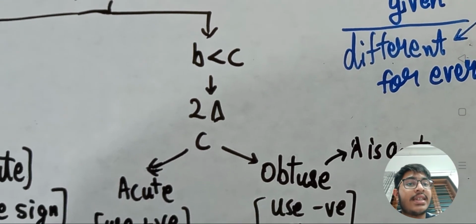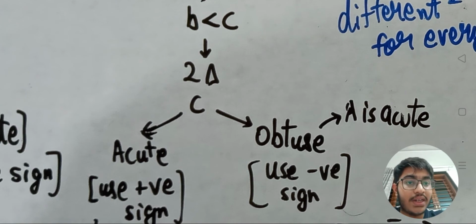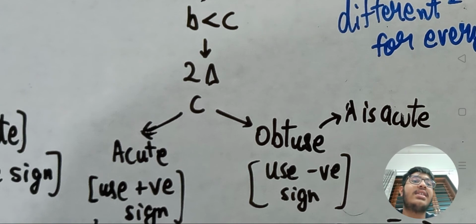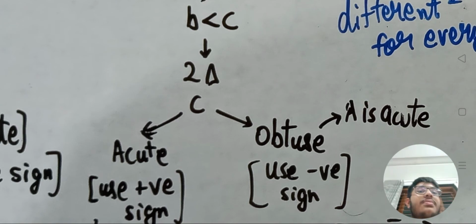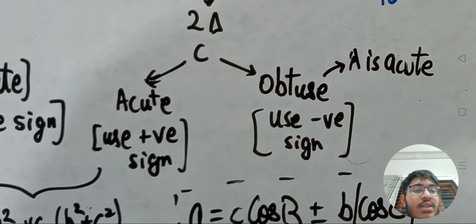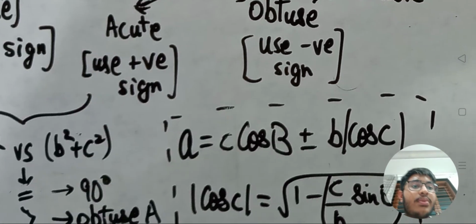If C is greater than B, here comes some good news. We get two triangles as the solution. One triangle having angle C as acute and the other triangle having C as obtuse. Now to get the two triangles, the obtuse one will use the negative sign in the formula here, and the acute one will use the positive sign.